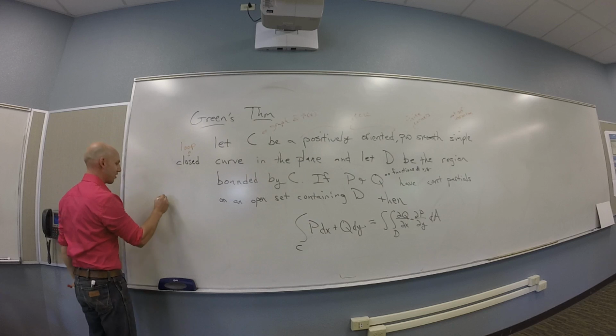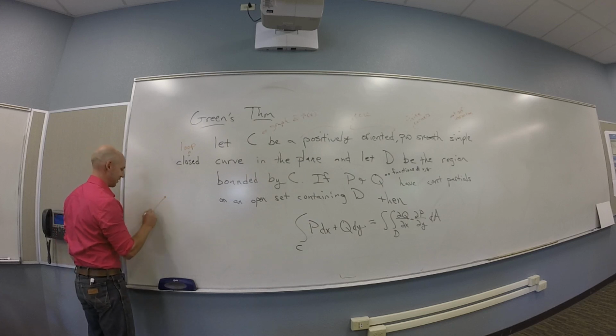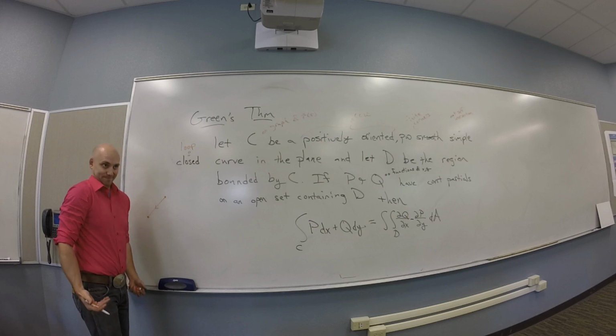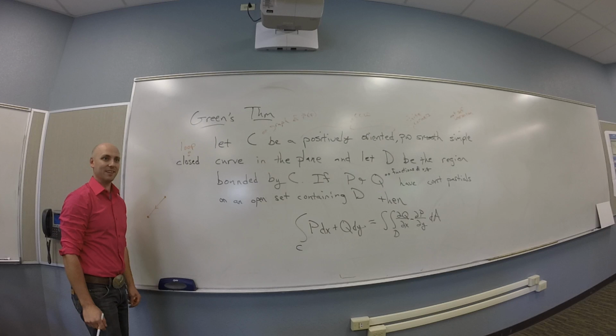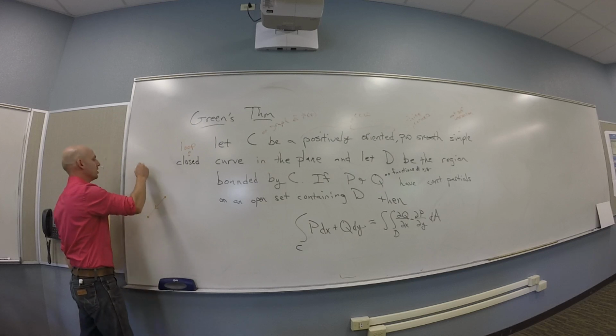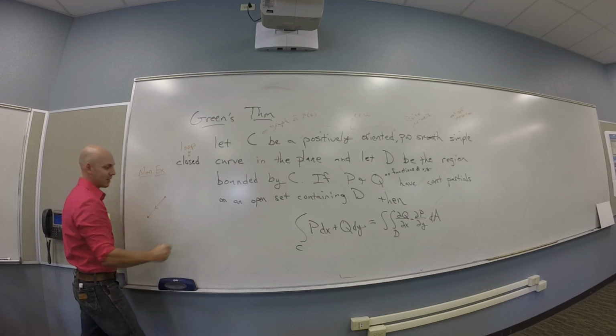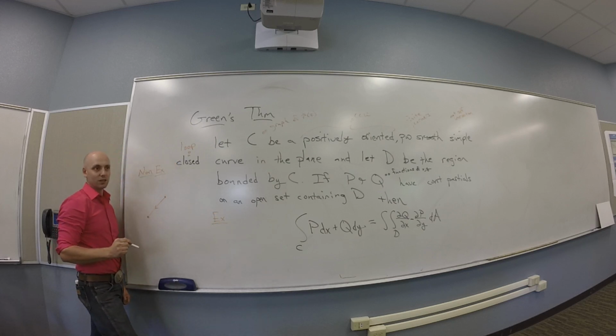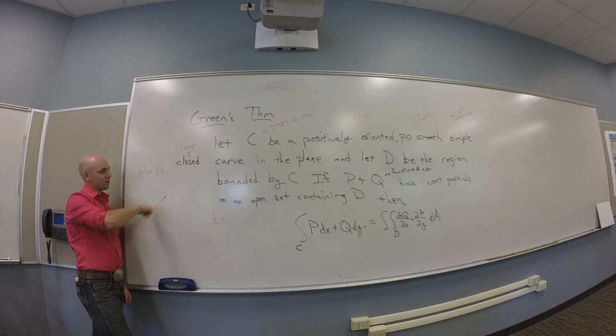Like, if my curve looked like this, is that one counterclockwise oriented or clockwise oriented? I don't know. Right? So let me just throw up some non-examples of curves and some examples of curves so we're all on the same page. You guys good with this? So a non-example, what's this one's problem?